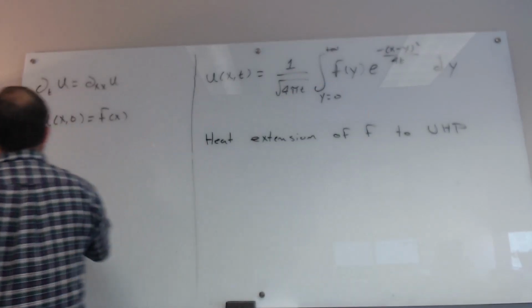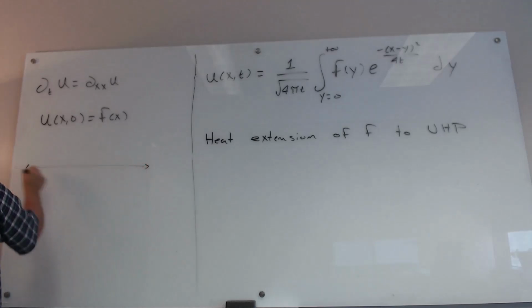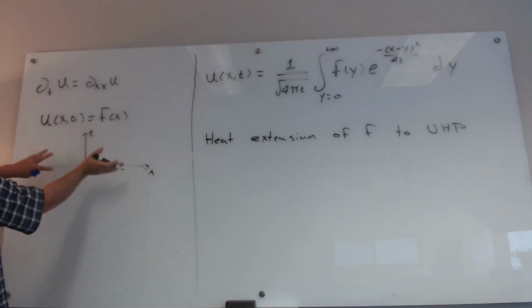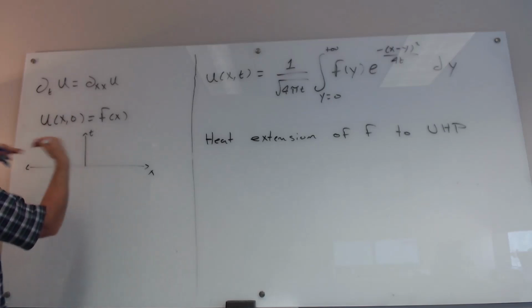The upper half plane meaning we're going to look at the real line, the x-axis here, and then the t-axis goes up here. So it extends the function f up into this region here. Think of its graph as coming out of the board.